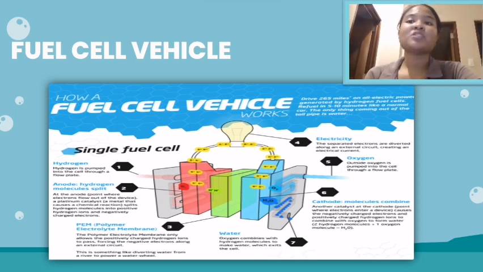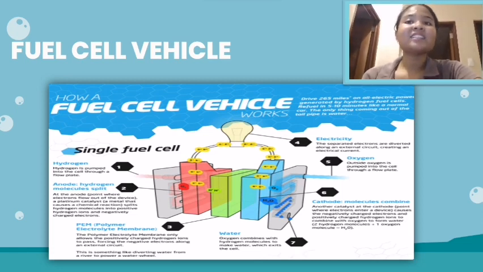So, next is yung water. So, ba't nga ba may water dito? So, oxygen combines with hydrogen molecules to make water which exits the cell. Hydrogen molecules, hahalo siya sa oxygen para mag-produce ng water. Next is yung cathodes.